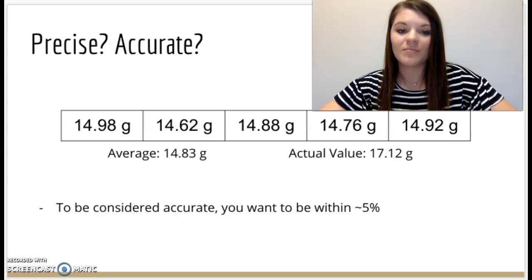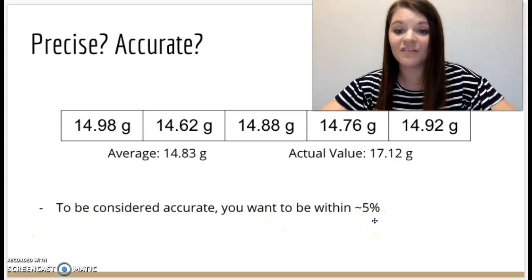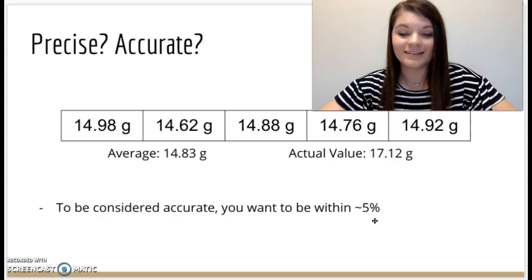These numbers are not accurate because to be considered accurate, you want to be within 5% of the accepted value or the actual value, and 14.83 is not. So we are precise here, not necessarily accurate, okay?